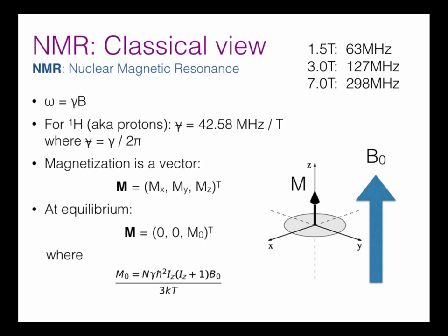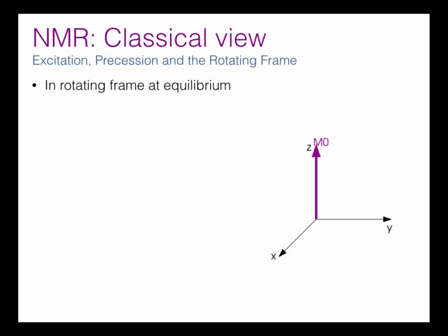And it turns out that it's not only a linear relationship, our signals are actually more like squared, but I'll come back to that later. Right now, the magnetization itself goes like the linear B field. Okay, so here's another mistake in the slides. This should say in the lab frame at equilibrium, and the M0 is aligned along Z, which is our B0 direction.